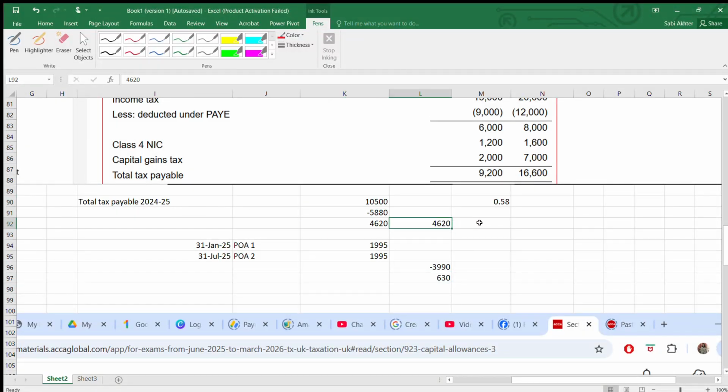So you have to take half of this. So this also will be due on this date, the first payment on account. So with this balancing payment, the first payment on account is 2310. If you add this and this, that is the total payment on 31st Jan 2026.